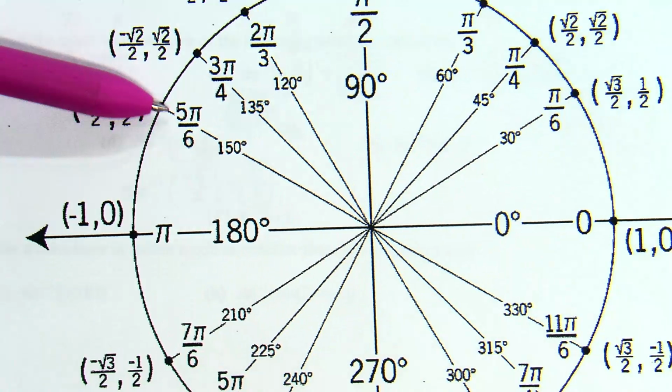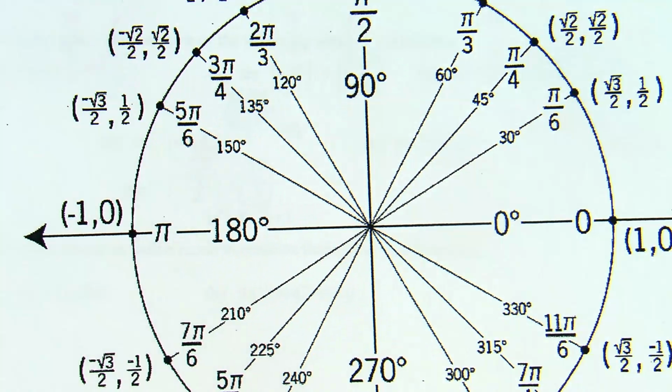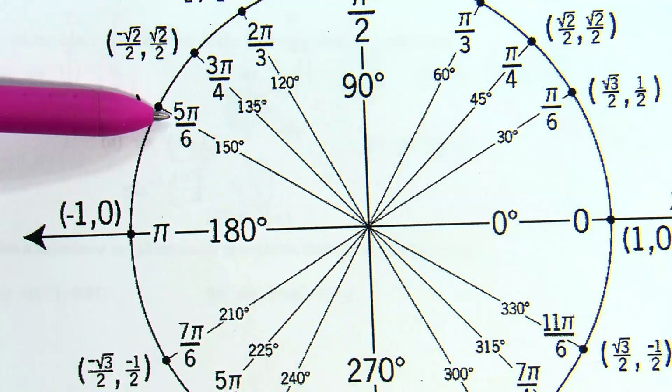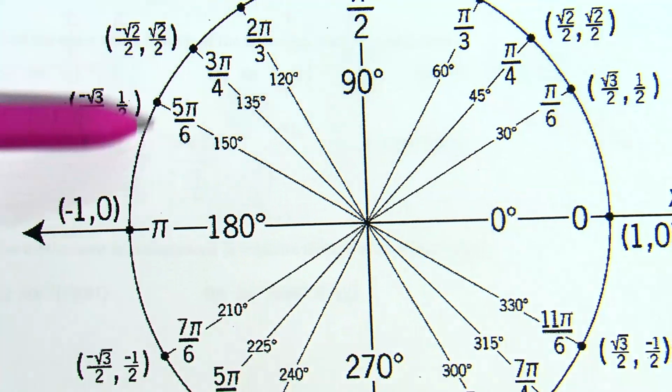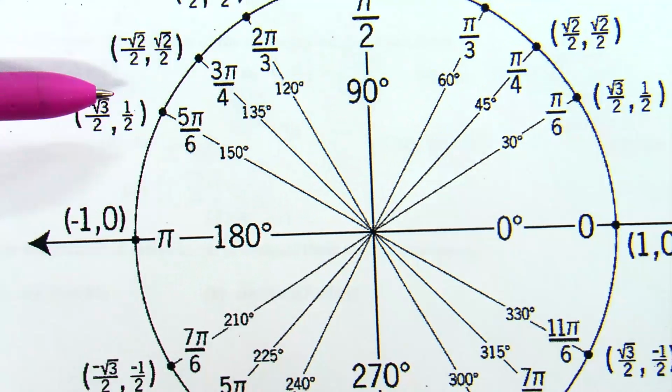It's always the x-axis. So how far is 5 pi over 6 from pi? 1/6, yes? So pi over 6. So when it says, what is the sine of 5 pi over 6, it's really saying, what is the sine of pi over 6 in quadrant 2?